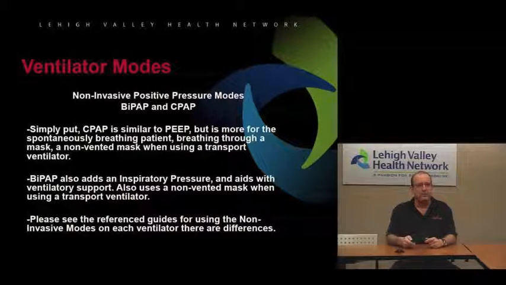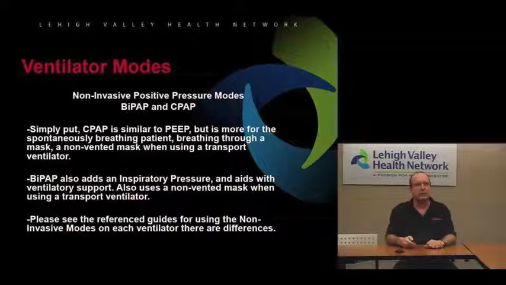Your non-invasive positive pressure ventilation modes, you have your CPAP and your BiPAP. And just to keep probably a quick review for most of you, especially since we use CPAP now in the pre-hospital environment, even in the 911 settings, it is similar to PEEP, and it's more for the spontaneously breathing patient who's breathing through a mask, not through an endotracheal tube or a tracheostomy tube or something like that.